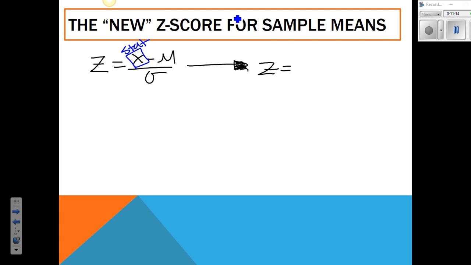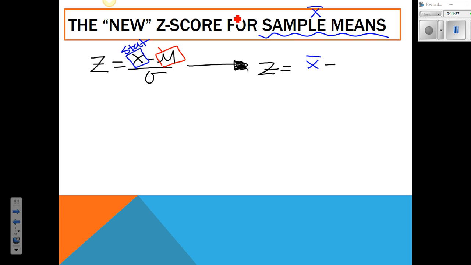So here, we're going to replace this with the statistic. If we're talking about sample means, what's the little symbol for sample means again? X bar. So instead of X, I'm going to write X bar. Subtract.